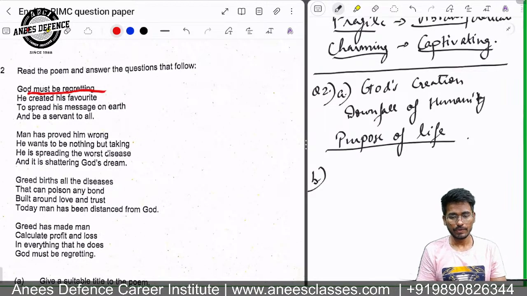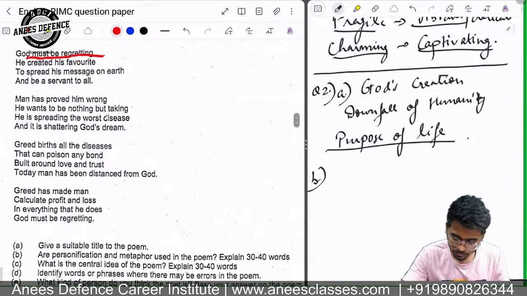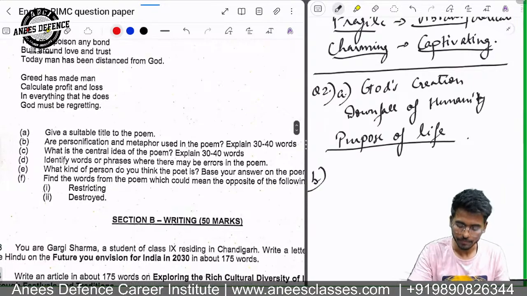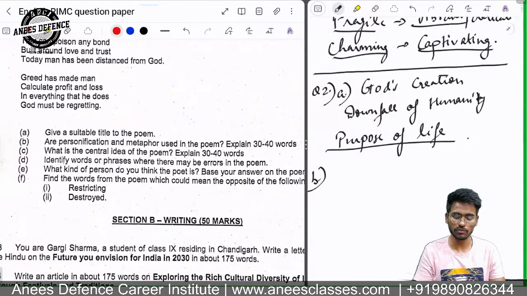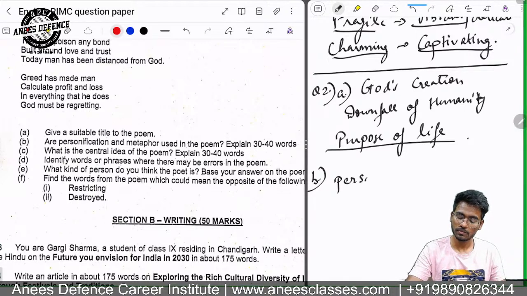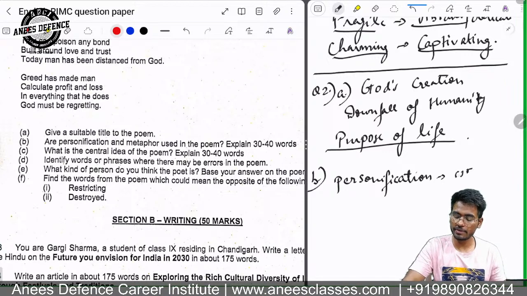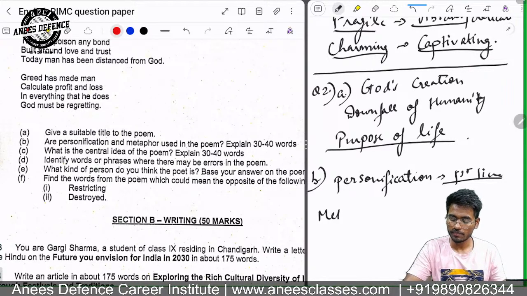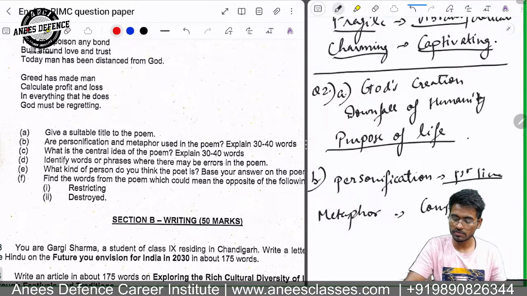Okay, so the next question, there is one more thing in the question, that is the metaphor. First of all, personification we read about. The first line of the poem you can write. Second is metaphor. Metaphor is used for comparison between two things.